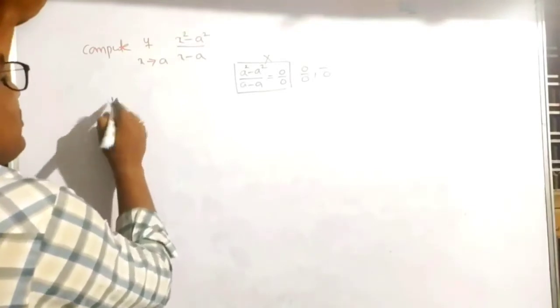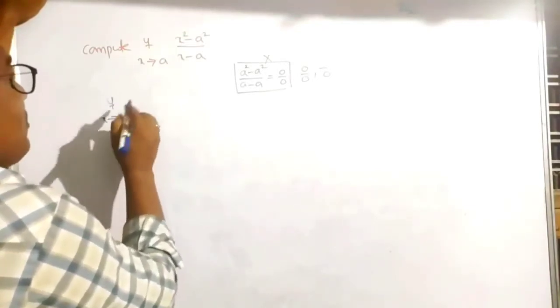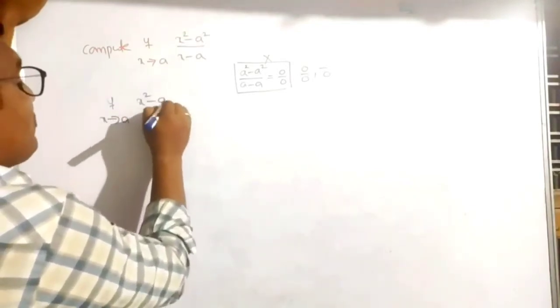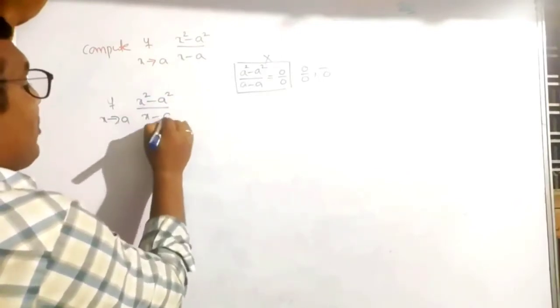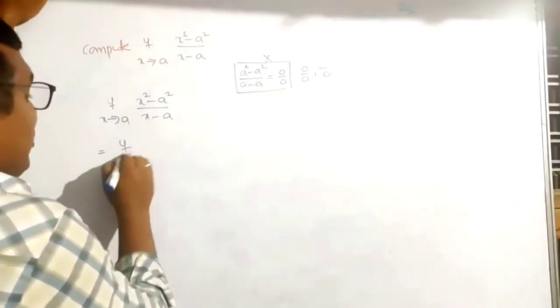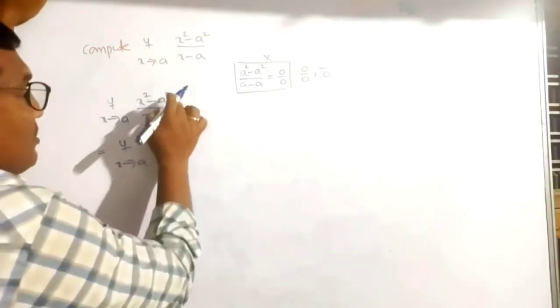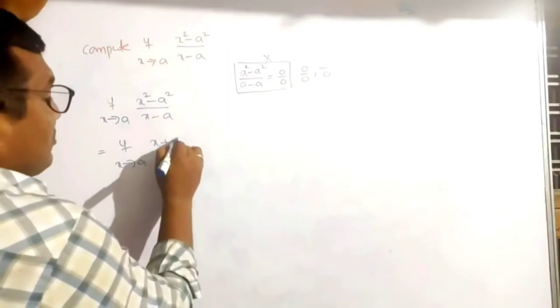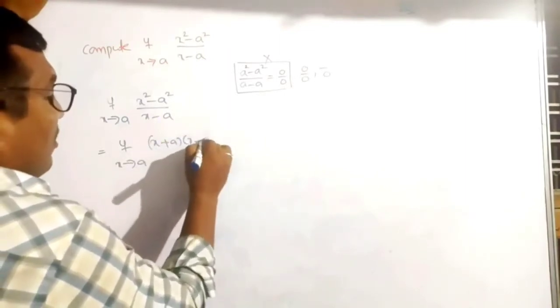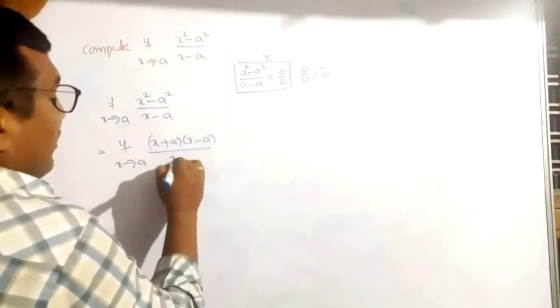Take the limit as x approaches a of x square minus a square by x minus a. Here, write x square minus a square as x plus a into x minus a, by x minus a.